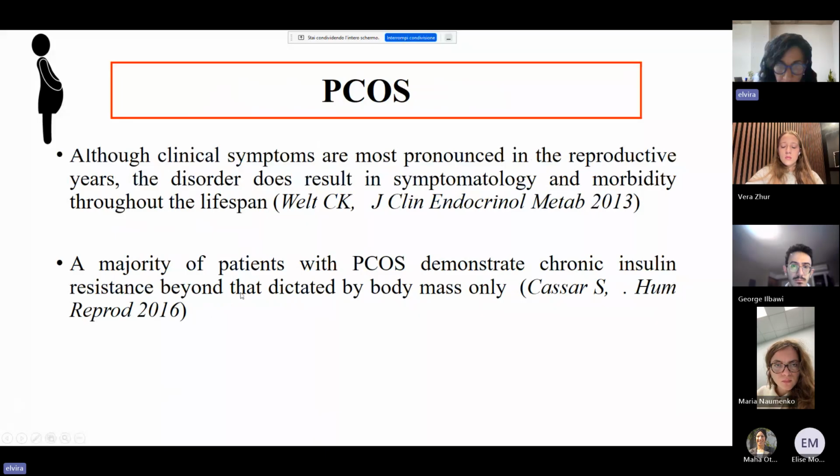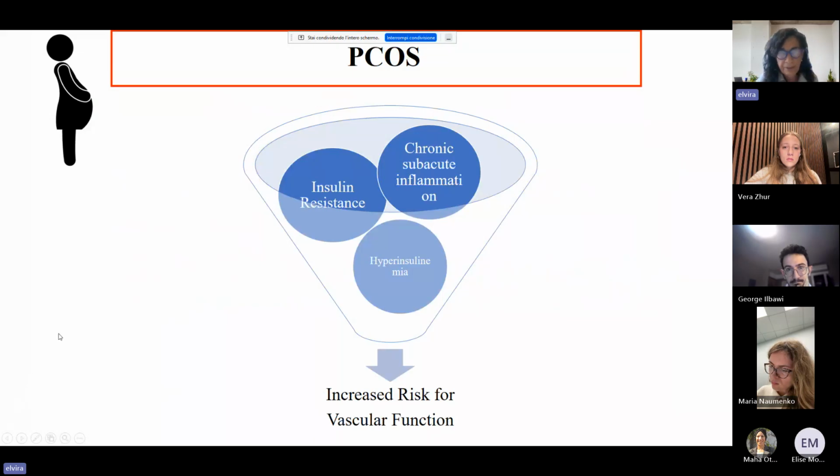Now, a vast majority of patients with polycystic ovary syndrome show chronic insulin resistance, and this is independent of the body mass index, because we see in our wards many women with higher body mass index, but in some instances we have women with low body mass index. They have the same chronic insulin resistance as women with higher body mass index.